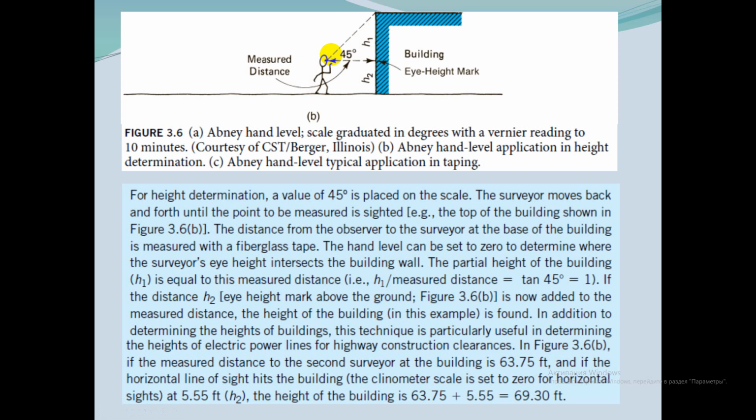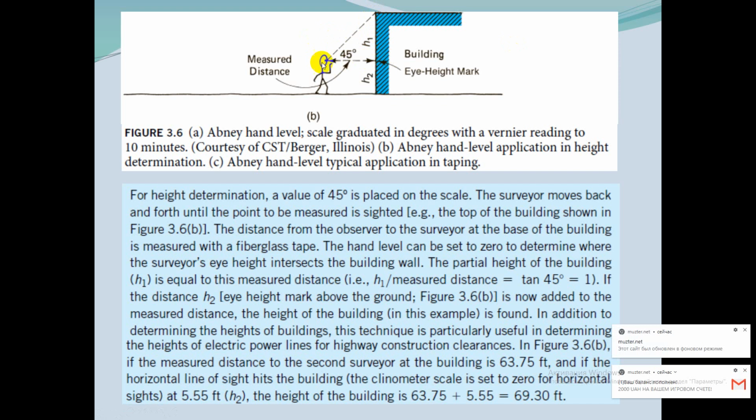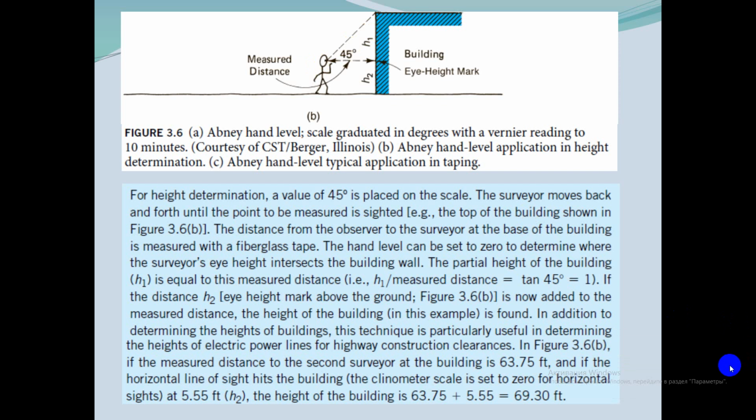And it is very important that the top of the building shown here is sighted. So the distance from the observer to the surveyor at the base of the building is measured with a fiberglass tape. The hand level can be set to 0 to determine where the surveyor's eye height intersects the building wall.